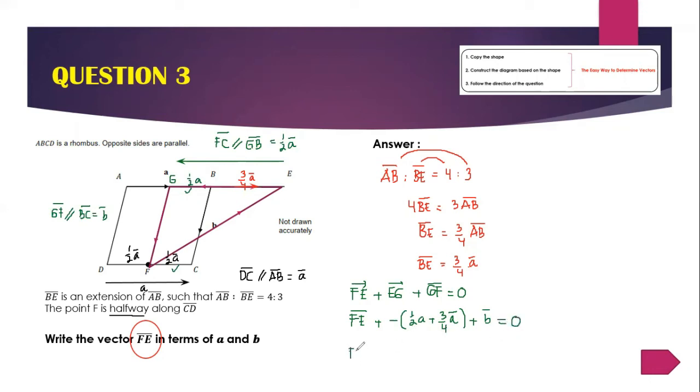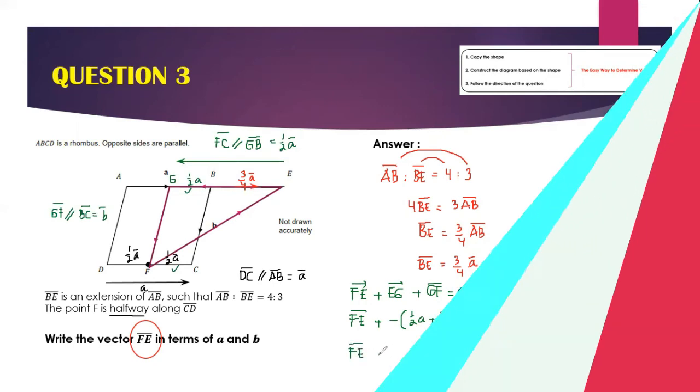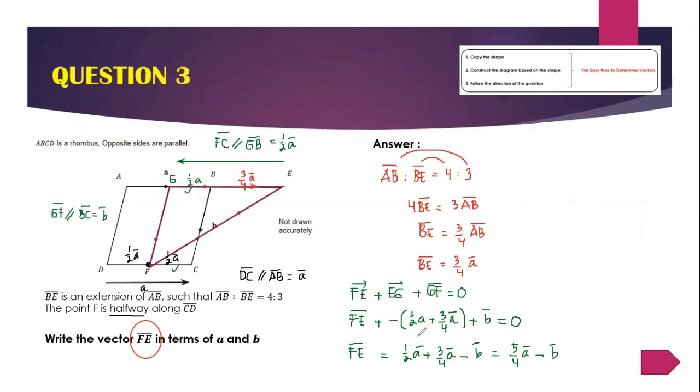So vector FE, we have to move 3 items to the right side. It will be vector FE equals a half a plus 3 over 4 vector a minus vector b, so equals 5 over 4 vector a minus vector b.